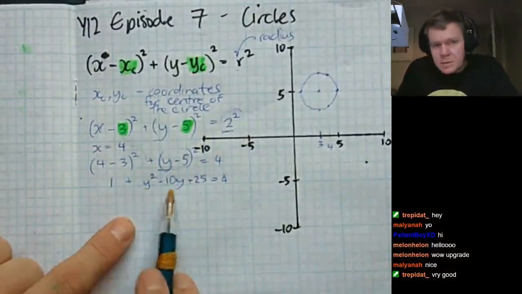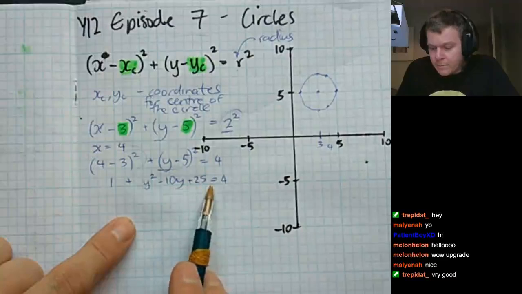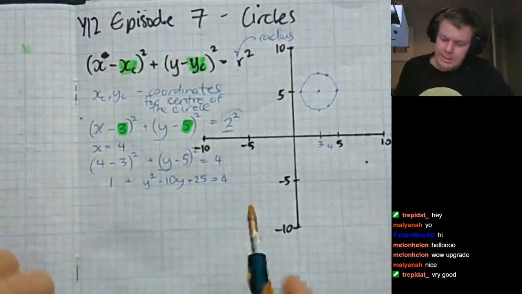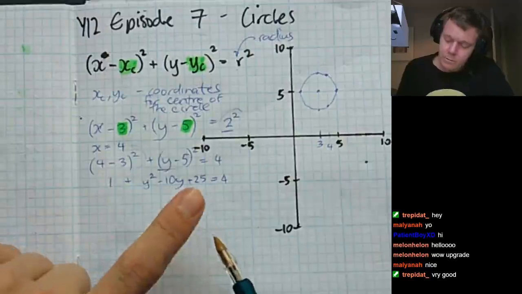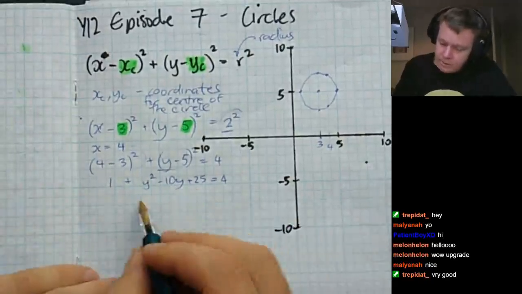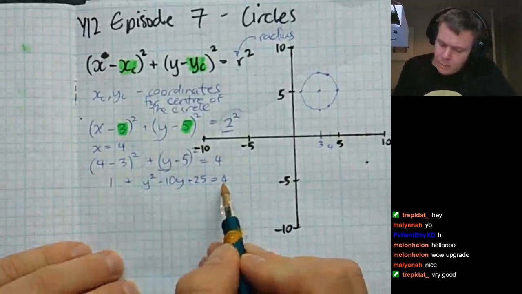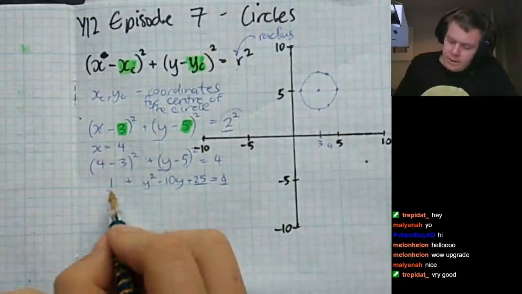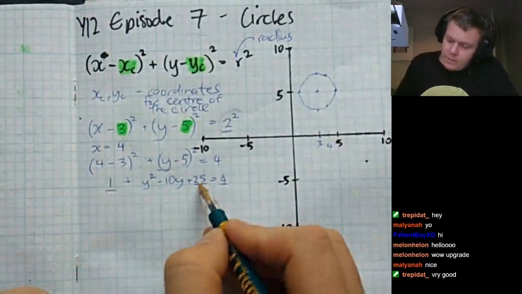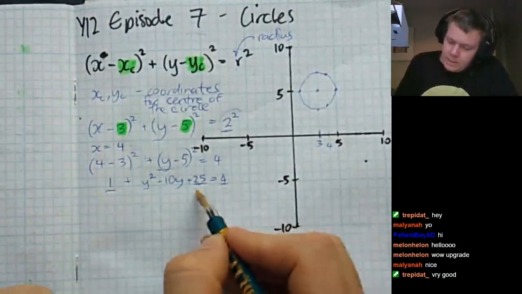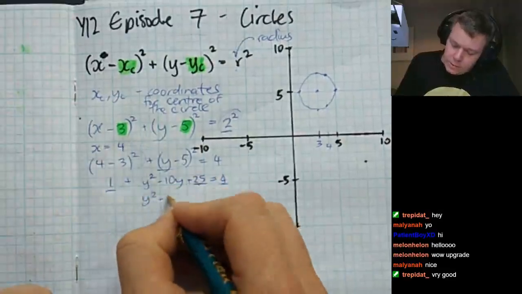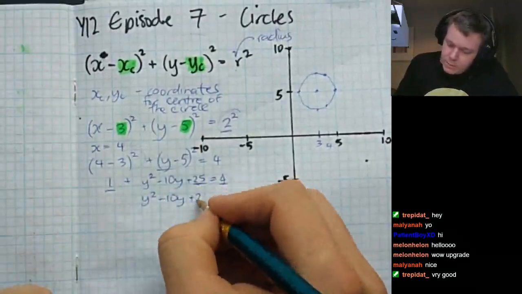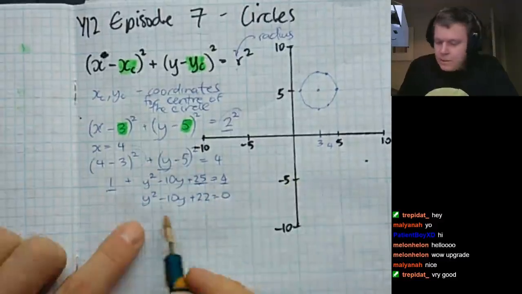So this is just a quadratic which hasn't been simplified, and we're using y's instead of x's. So we can use the quadratic formula almost. We just need to set everything equal to 0. To do that, we need to get this 4 over to the other side, so we're going to have 1 and 25 is 26, minus 4 gives us 26 minus 4 is 22, so positive 22 equals 0.